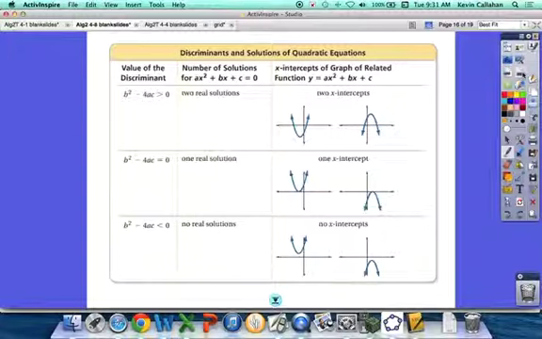It said you expect 2 imaginary solutions. That's what it said. But the rest of it is correct as it is.